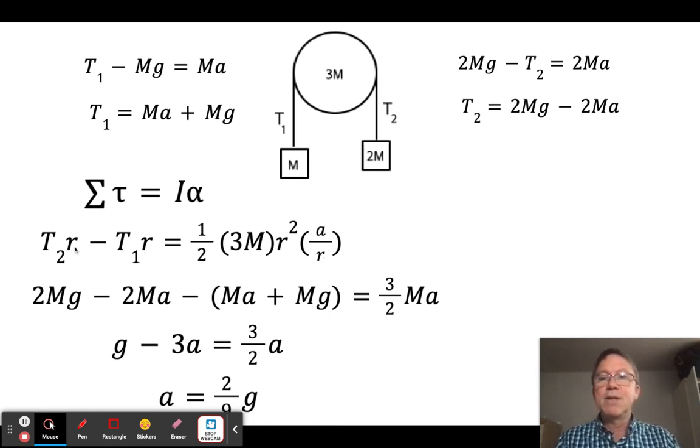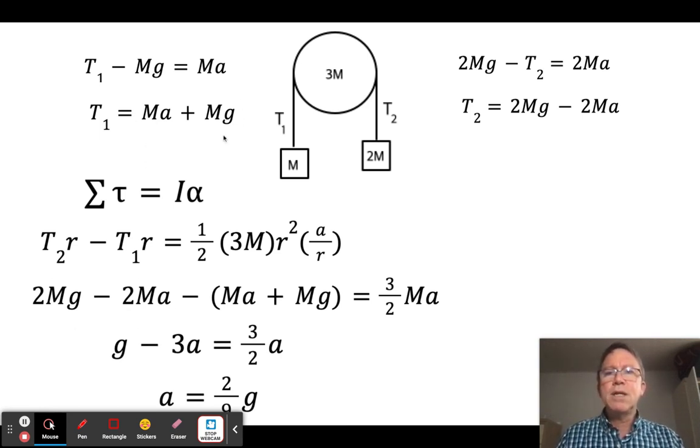Once again, I'm going to divide by r on both sides. So this becomes r squared in the denominator, r squared in the numerator. That cancels out. Now that leaves me with this. I'm going to substitute in what I've got here. T2 is this, so I take that and put it here.